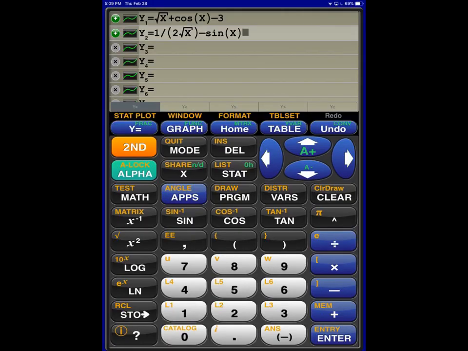I know this doesn't look exactly like your Texas Instruments, but here's your y equals button, and these are the two functions that I put in. Take note of which y you put each of them into. I put my f function in y sub 1, and I put my f prime function in y sub 2.